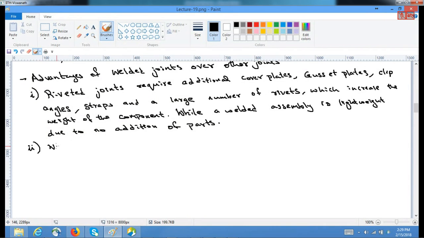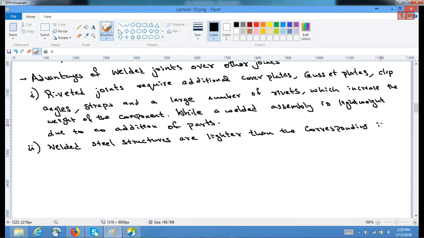Secondly, welded steel structures are lighter than the corresponding iron casting by 50% and steel casting by 30%.